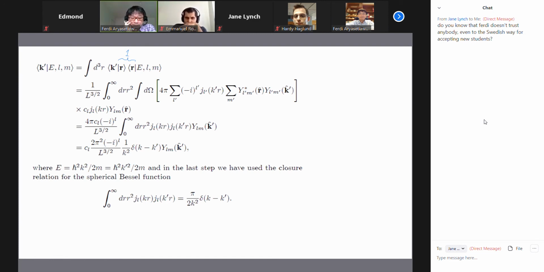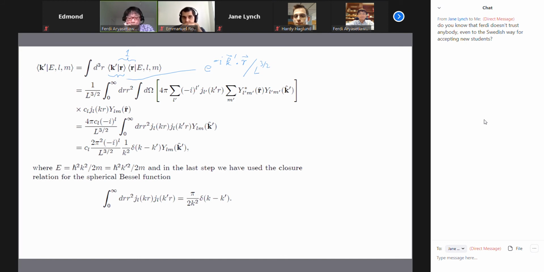And here is where we make use of the expansion of the plane waves, because this is just a plane wave, so that is just e to the minus ik dot r divided by L to the 3/2.